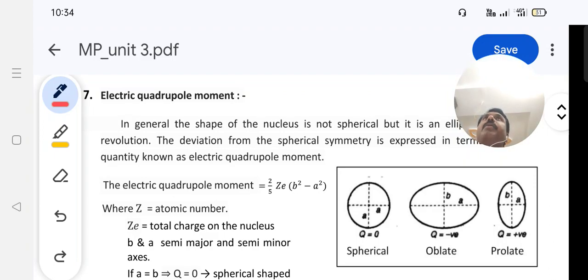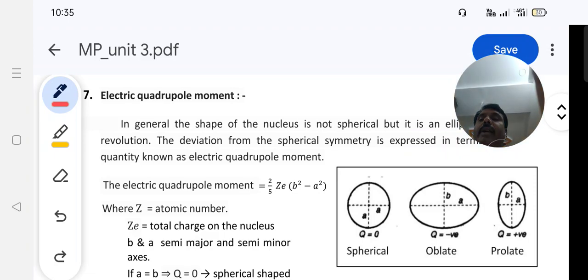We get two types of spheroids. One elongated along the x-axis is called oblate, shown by the middle figure on the screen. Similarly, if it is elongated along the y-axis, it is called prolate shape.